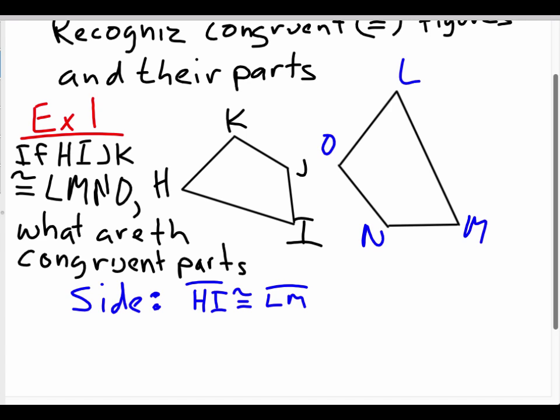Now let me show you something. It's kind of a way, it's kind of cheating, but HI, first two letters of the name of my polygon. What are the first two letters of the name of the other polygon? LM.